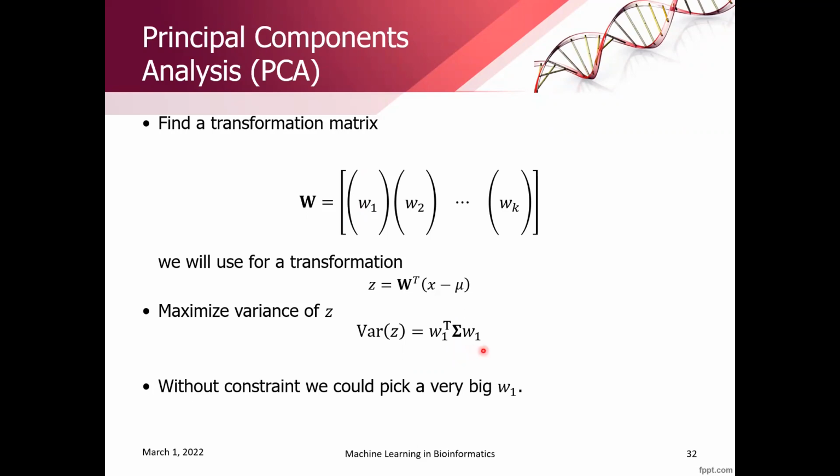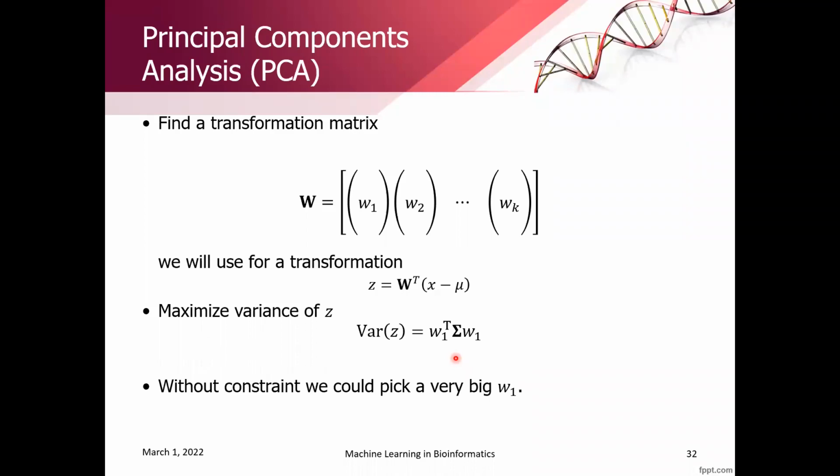If we would like to maximize the variance, we can do that very easily. We can multiply the W sub 1 by some big constant, and we increase the variance. So there is no reason for such.